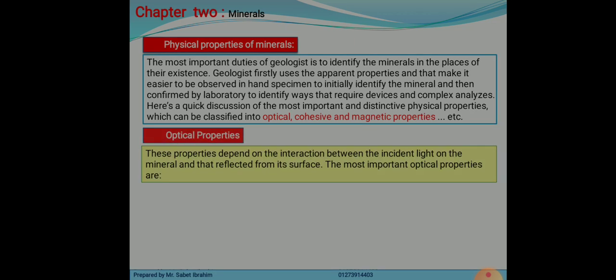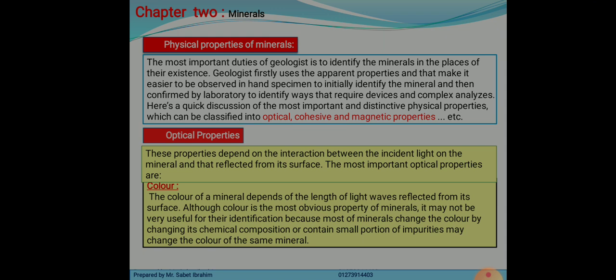These properties depend on the interaction between incident light on the mineral and the light reflected from its surface. The next most common important property, after luster, is color. The color of a mineral depends on the length of light waves reflected from its surface.